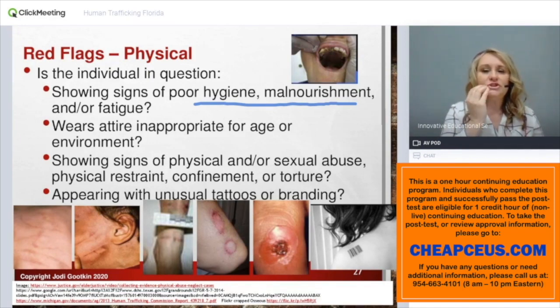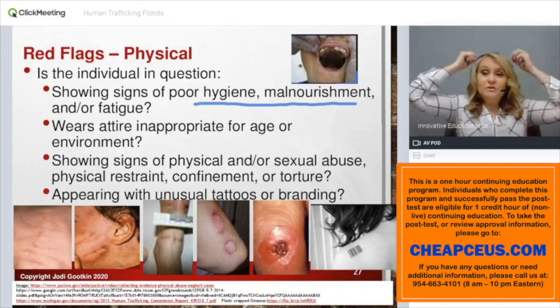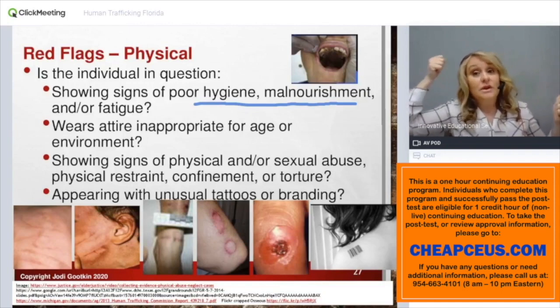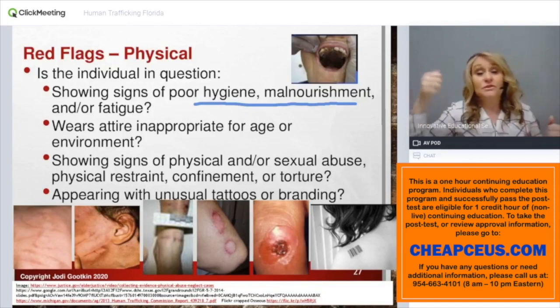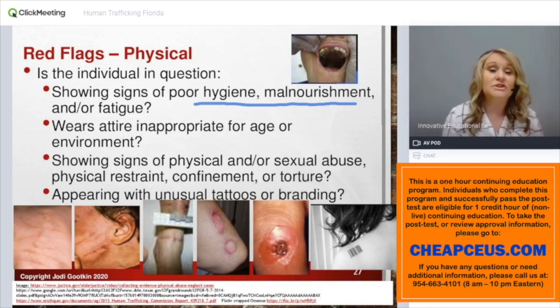If the individual is showing tooth decay that doesn't fit with their age, or they're physically missing random teeth, that is not typical. It may be from potential physical abuse. Someone who has bald patches on their head, that unfortunately could be from someone using the hair to restrain them or move them around, and it's created bald patches.